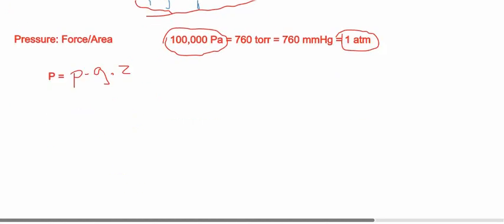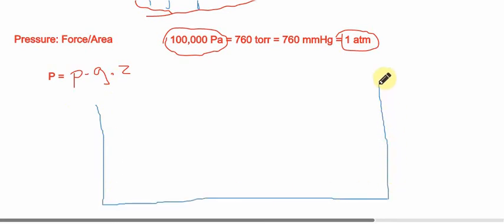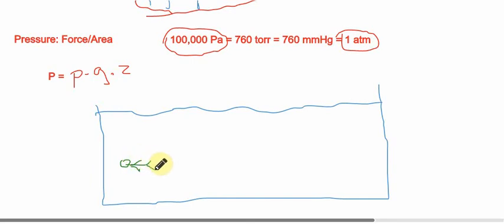So if we go down, let me ask you a question. Suppose we're in a swimming pool. Let's suppose at the same height we have a small child that's swimming, and further down there is a large adult.